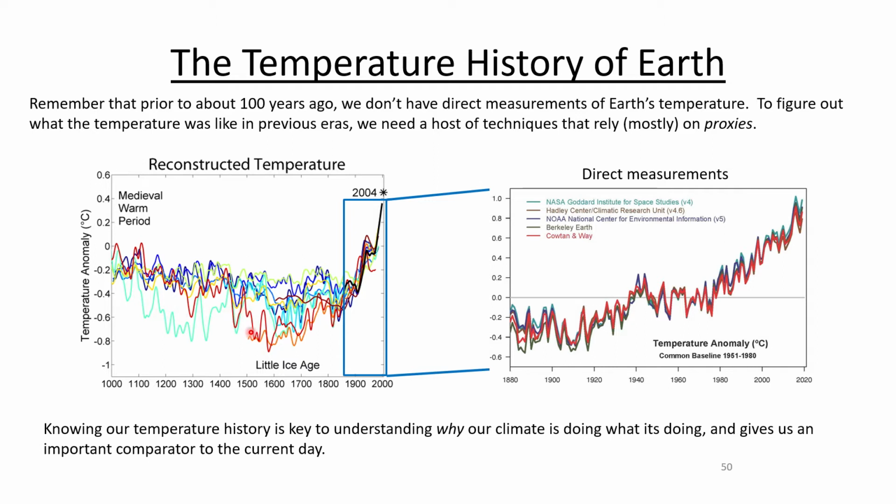And the reason we need proxy data, again, something we've talked about before, is that we don't really have modern thermometers, things that we can actually trust to make accurate temperature measurements prior to about 1880, late 19th century.